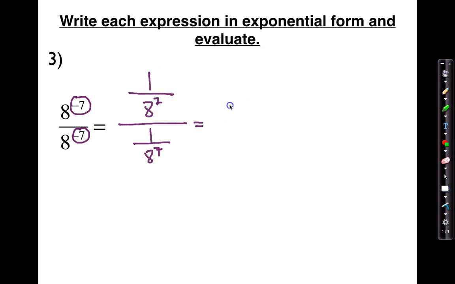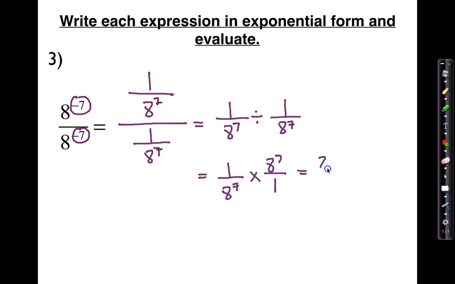It means 1 over 8 to the 7th divided by, because that's what the fraction represents, 1 over 8 to the 7th. Then of course we rewrite this as 1 over 8 to the 7th times the reciprocal, so I'm going to take this fraction and flip it over to 8 to the 7th over 1. So now we have 8 to the 7th over 8 to the 7th.